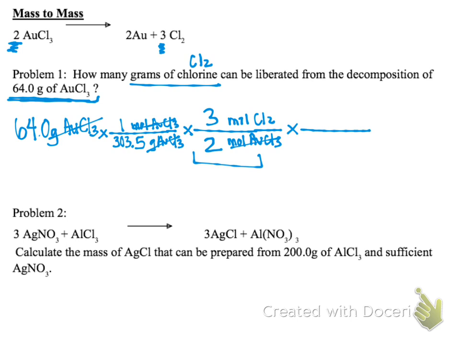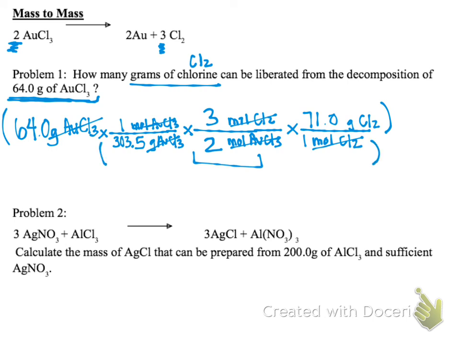This last step is going to be your 1 mole equals how many grams. So the mole Cl2 has to go on the bottom, and grams Cl2 on top. Grams of Cl2 is chlorine plus chlorine, which is 71.0. Your units that are diagonal will cancel out. You are left with gram Cl2. It is asking for gram Cl2. So you take all of your top numbers, get an answer, and divide it by your bottom numbers.